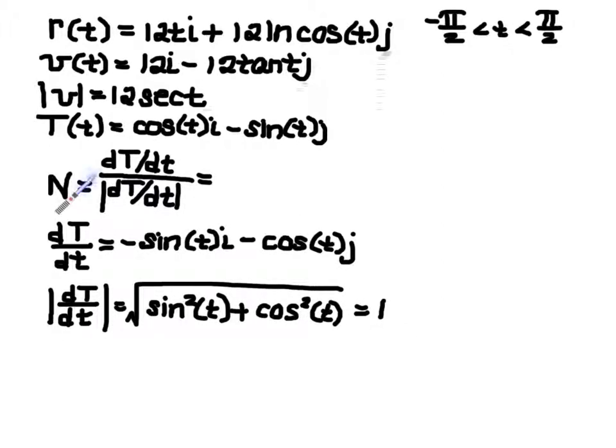So since we know that our principal normal vector is the ratio of the derivative of the unit tangent vector to its magnitude, we get that the principal unit normal vector is a negative sine of t in the i direction minus the cosine of t in the j direction.